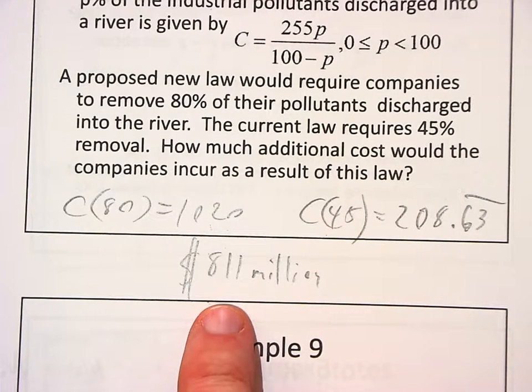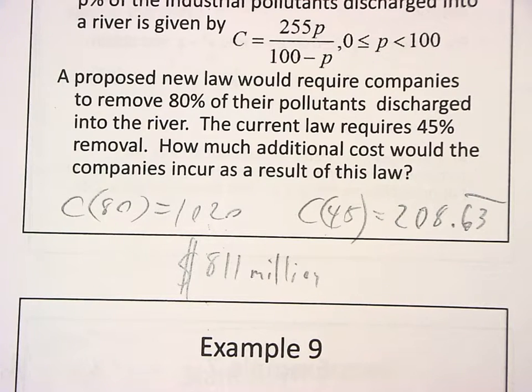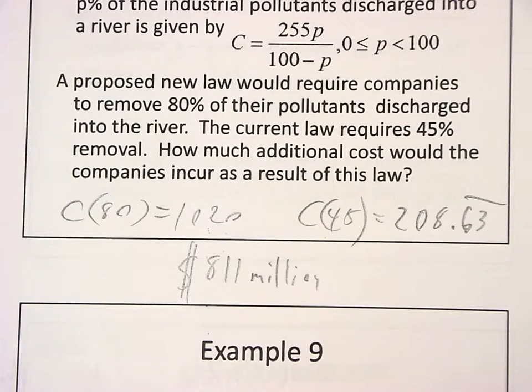The next 10% costs another $1 billion, 1,000 million, right? Why? Either math or just logically. Why does that cost an extra $1 billion to go up 10% when it only costs 800 million to go up 35%? Yeah. Because eventually you get to the point where purifying anymore becomes extremely difficult.